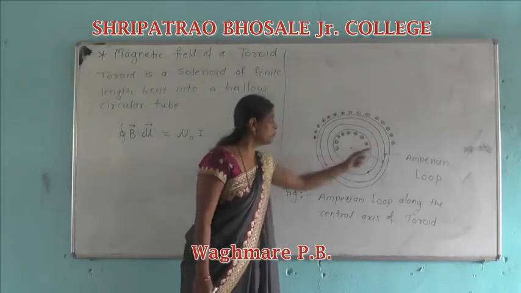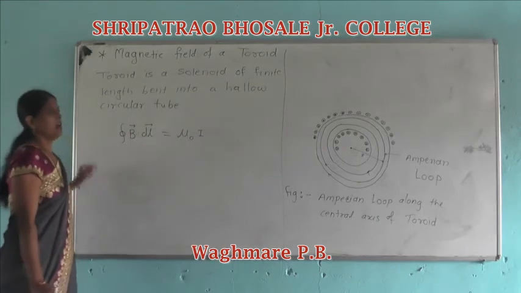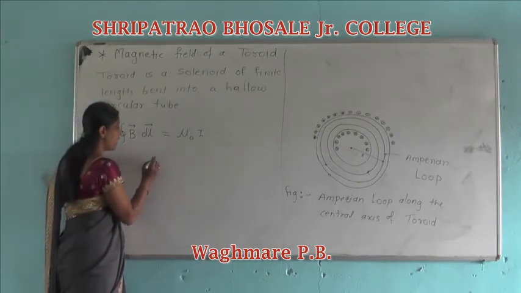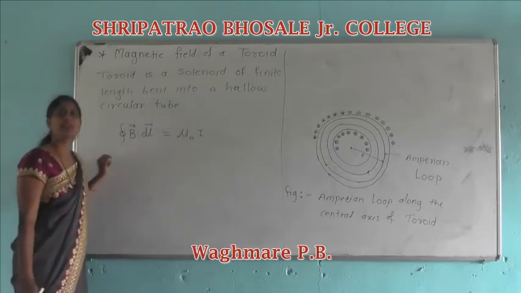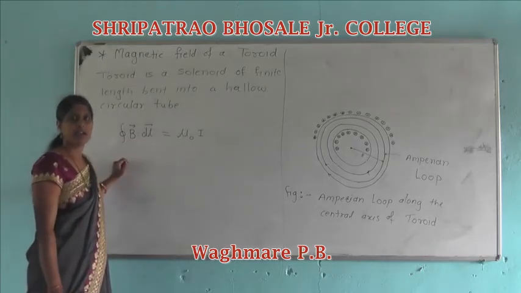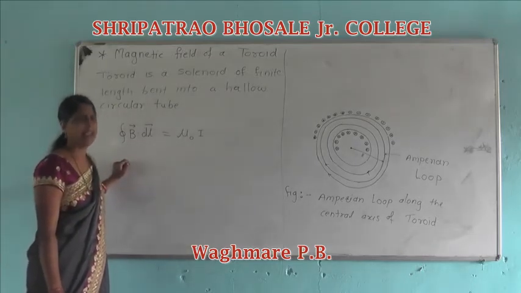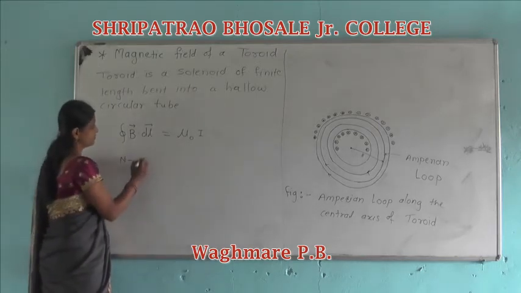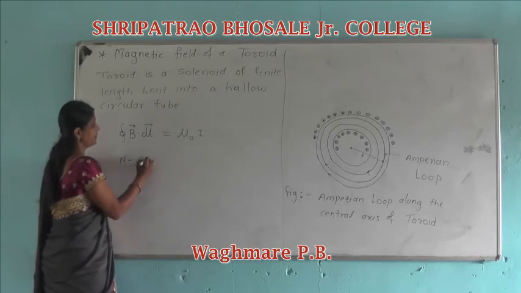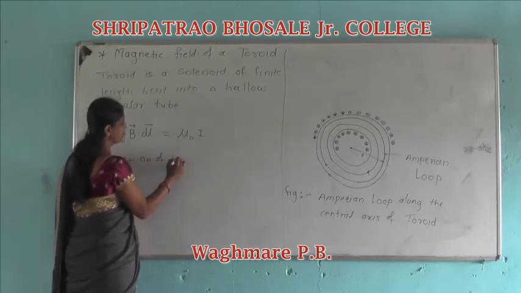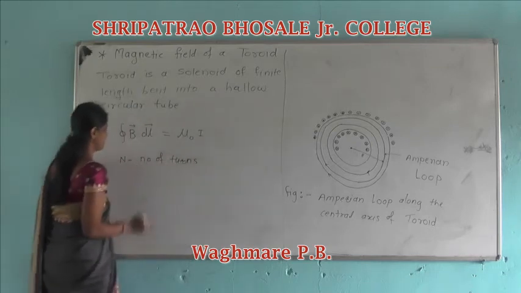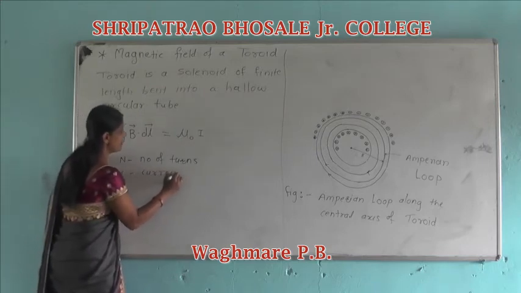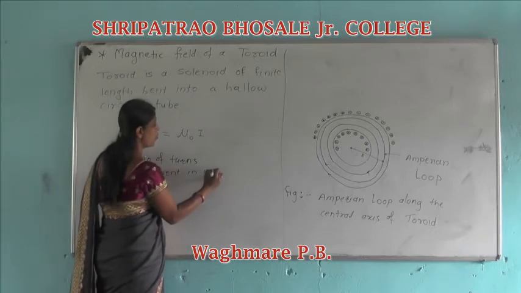This is the Ampere loop. Now we know that small i is the current passing through the wire, and capital N is the number of turns.